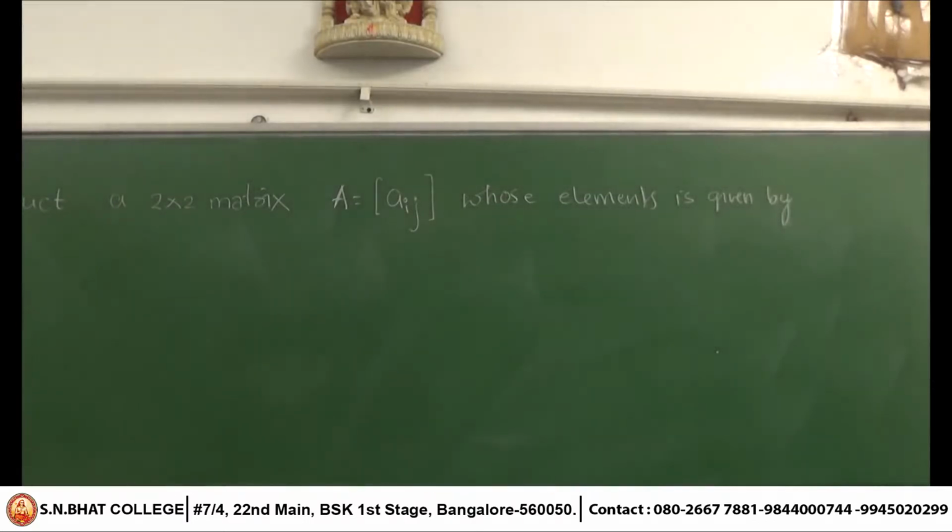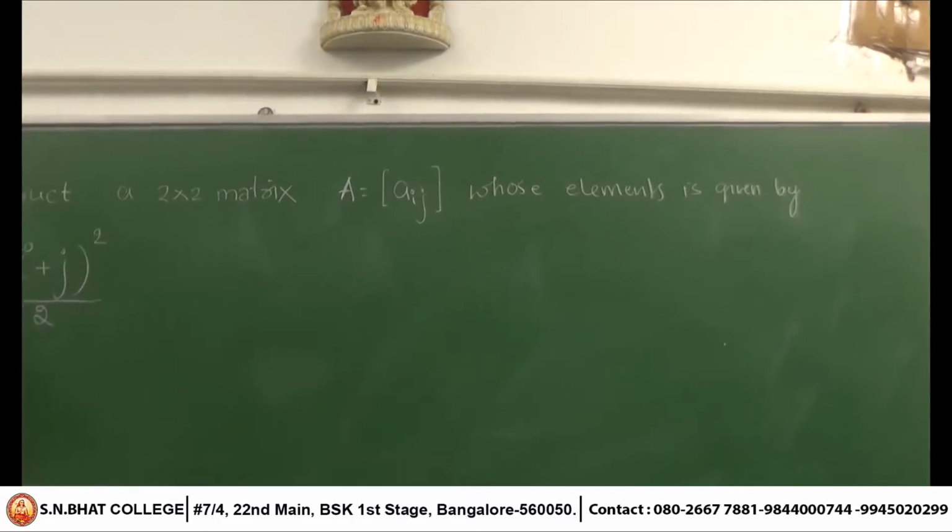First problem is Aij is equal to I plus j whole square divided by 2.